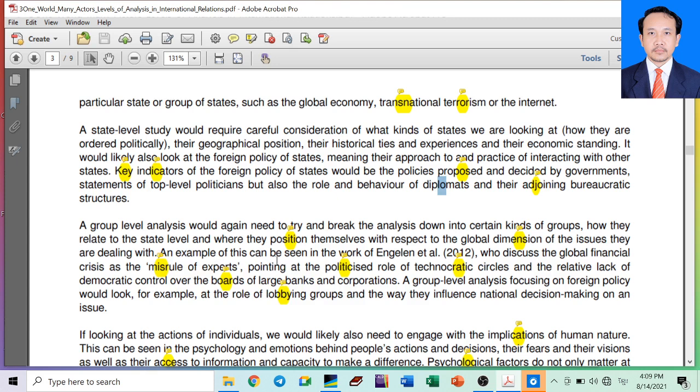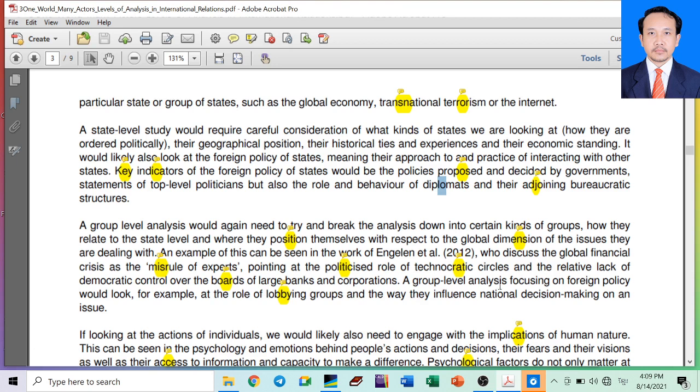An example of this can be seen in the work of England et al. 2012, who discussed the global financial crisis as the misrule of experts, pointing at the politicized roles of technocratic circles and the relative lack of democratic control over the boards of large banks and corporations.